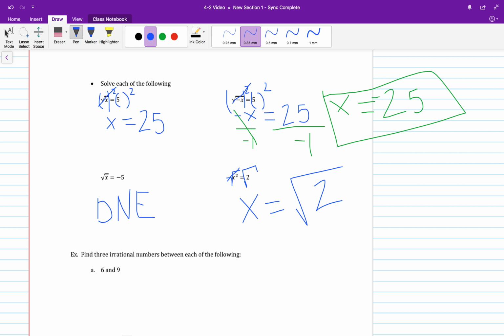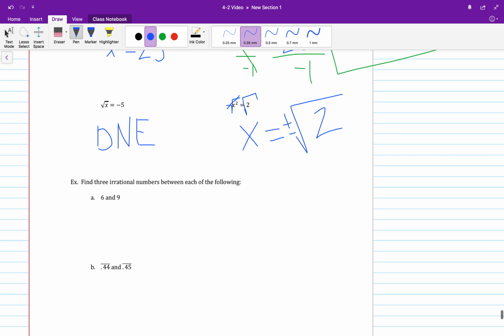Now whenever you are taking the square root, it wasn't in the problem, it was what I wrote, then we have to include plus or minus. That's because when we square a number, it takes away the negative. Negative 2 squared is 4, and so is 2 squared. So I have to worry about that plus and minus.